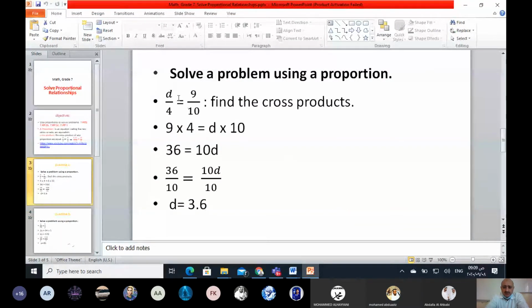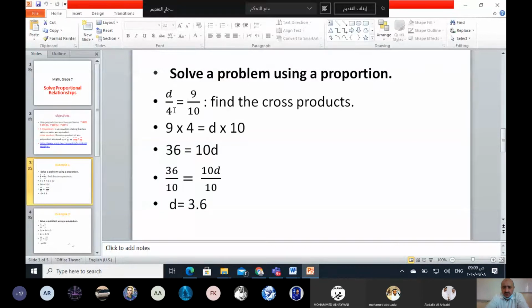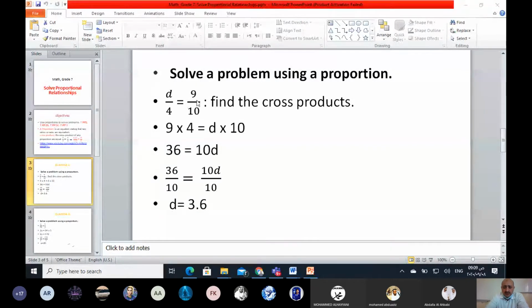In this example, we have this proportion: d over 4 equals 9 over 10. The first step, when you want to solve any problem using proportion, is to use a cross product. What's the meaning of cross product?